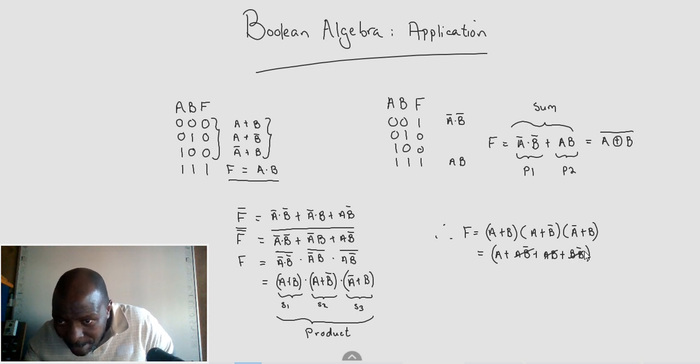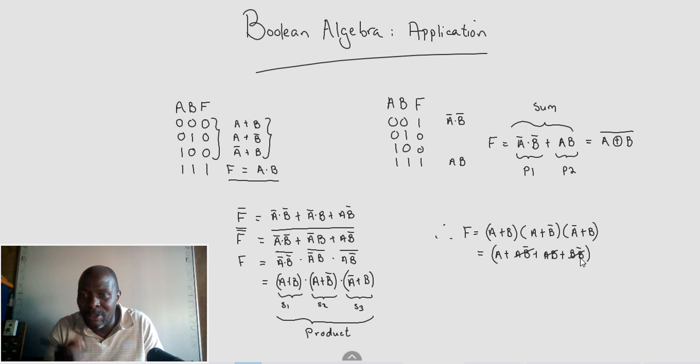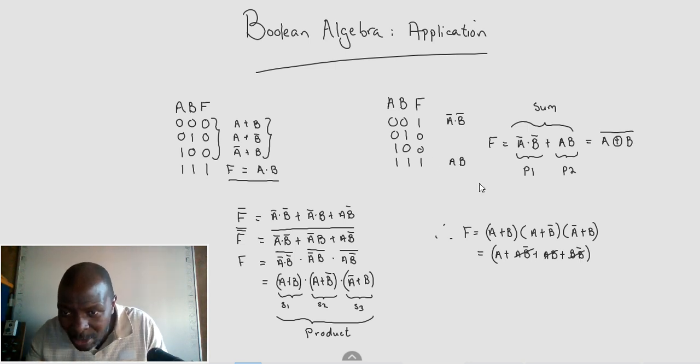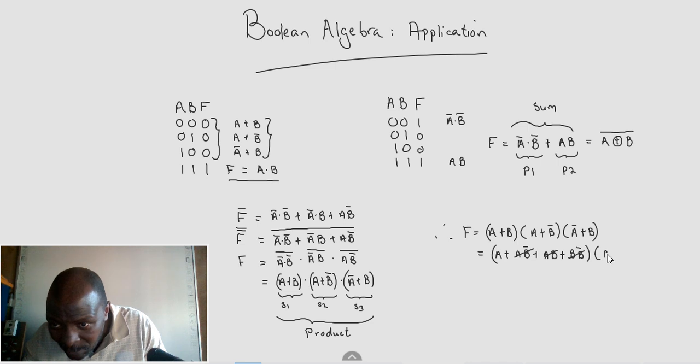That is 0. I might as well not have written that. I could have only written the A. For that whole work, I could have written the A. But I dealt with these two. I still have the other one unscathed. So what I'll do now is expand this. There's only A left here. That A, not A, is the same scenario as B, not B. It's a 0. So I'll leave it.